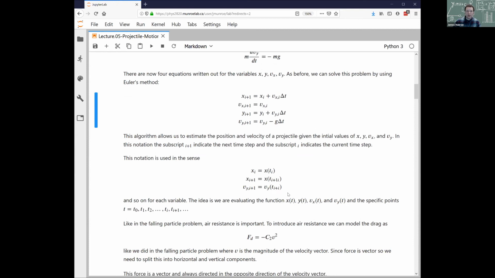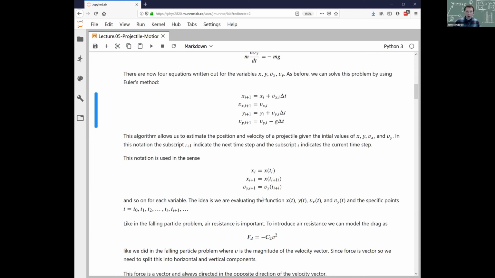Time, which is usually considered to be a continuous thing, is broken up into a bunch of discrete points in time: the first time step, the second time step, the third time step, t1, t2, t3, t4, t5, t_{i+1}. That's the idea here, we're figuring out what these functions are at discrete points.